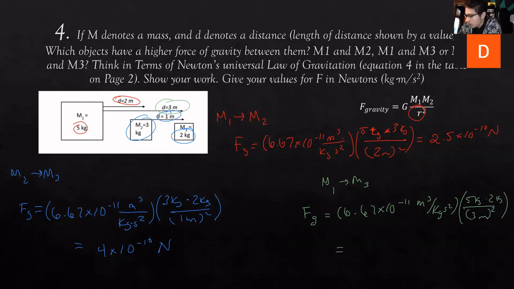And this one comes out to be 7.41 times 10 to the negative 11th newtons. So our answer here is m2 and m3 is going to have the strongest force. So you can see that the distance between the two objects that we're measuring has a significant impact on the force between those two objects.